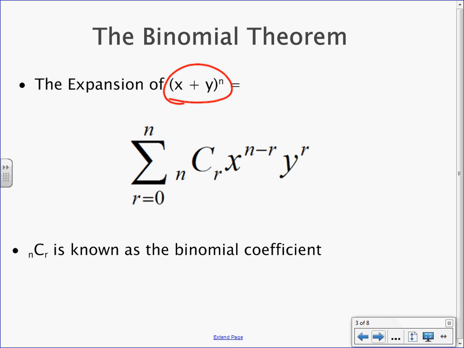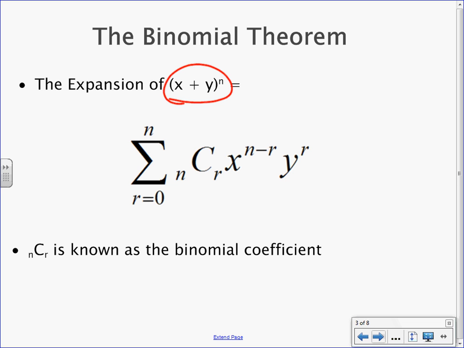And you can say this is n combinations of r, or n choose r is sometimes how we'll say it. It's called a combination, and it's a part of our binomial coefficient.